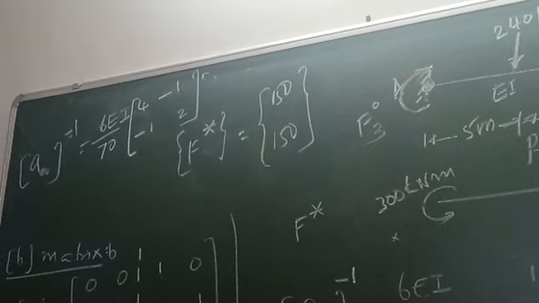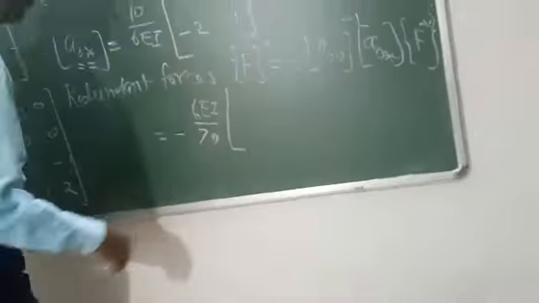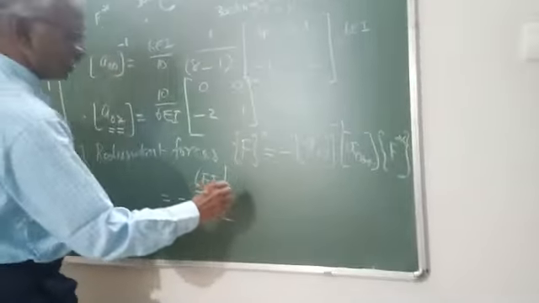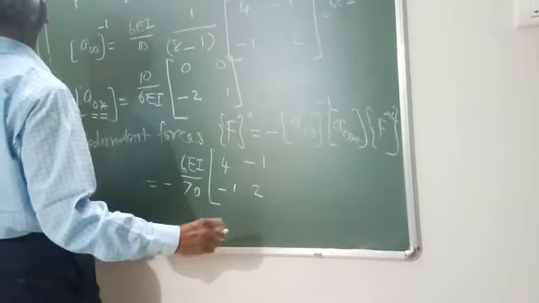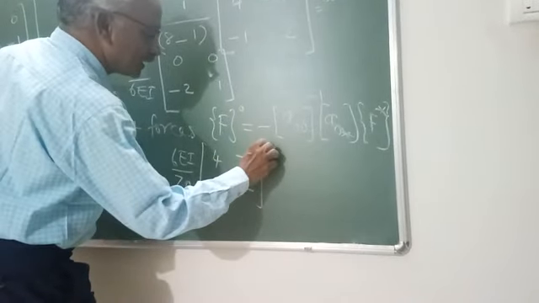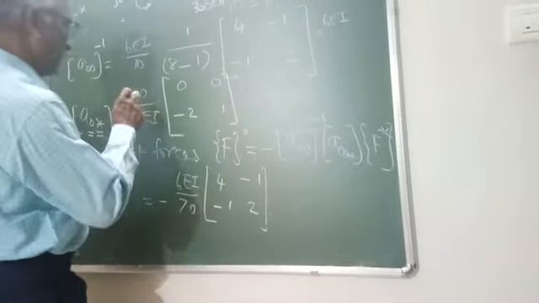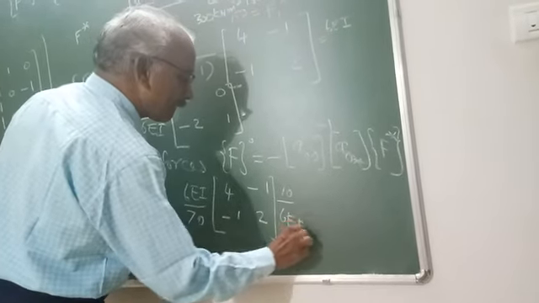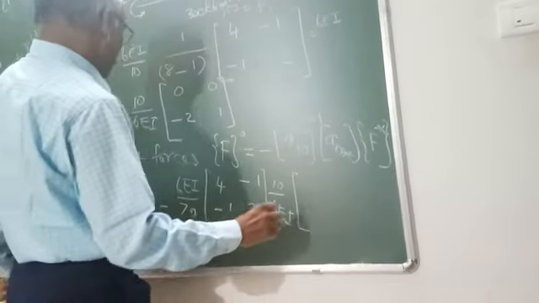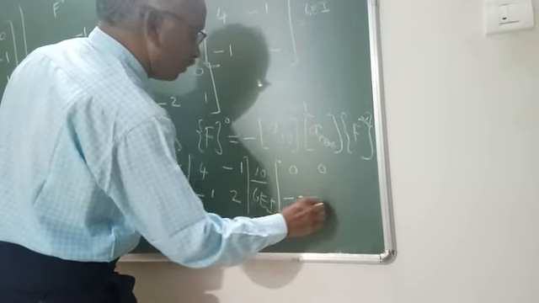Therefore, this is 6EI by 70 times the matrix 4, minus 1, minus 1, 2. This is A naught naught inverse into A naught star. A naught star is 10 by 6EI times 0, 0, minus 2, 1.